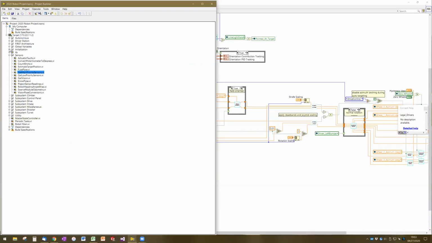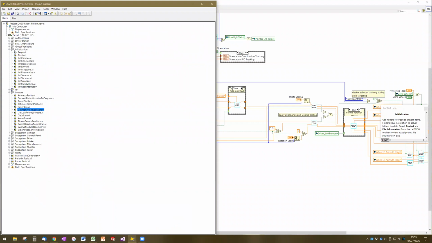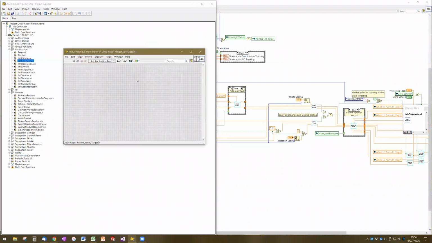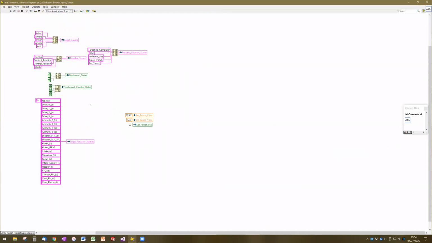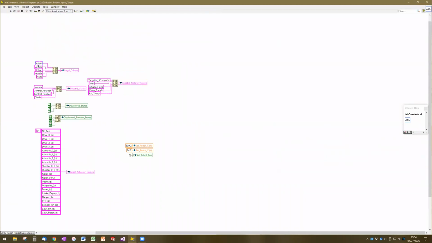If we go to the initialization folder and then initialize constants, we can see our list of legal drivers. Right now we've got Adam, Amelia, Ethan, Amelie, and autonomous. Autonomous in our structure does actually need its own driver profile, and if we have time, we can talk some about that.